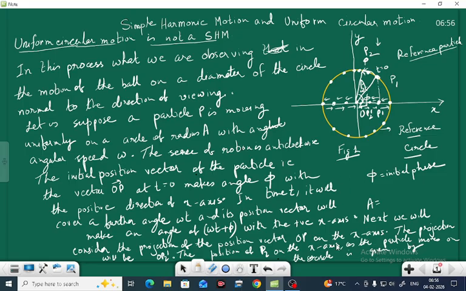This value is x. So x, as a function of time, can be written as a cos(omega t plus phi).